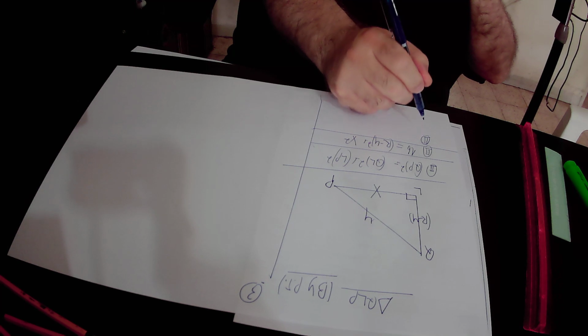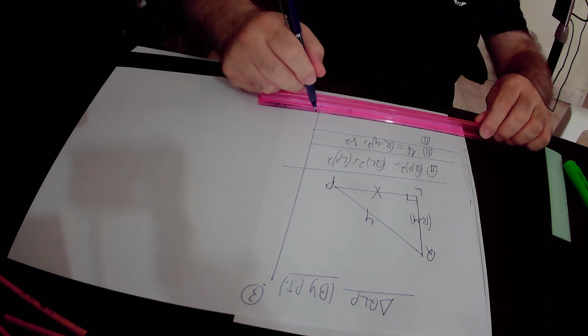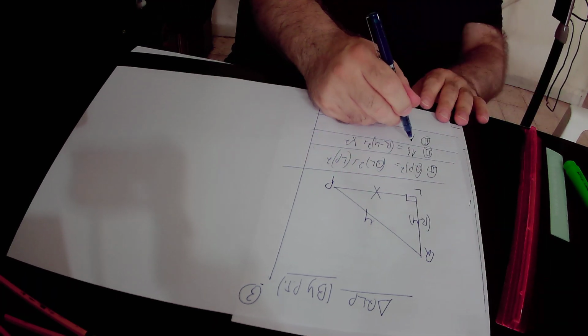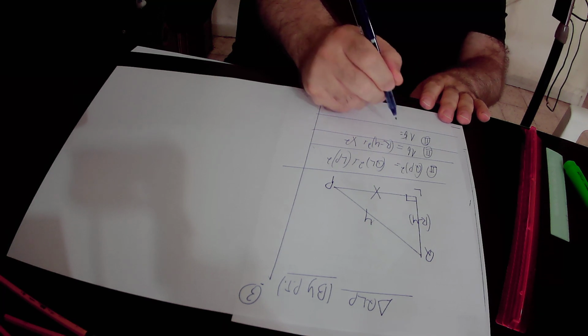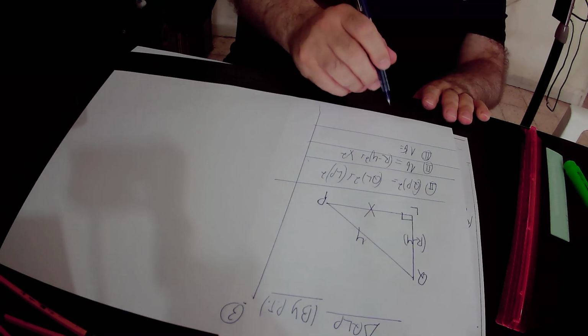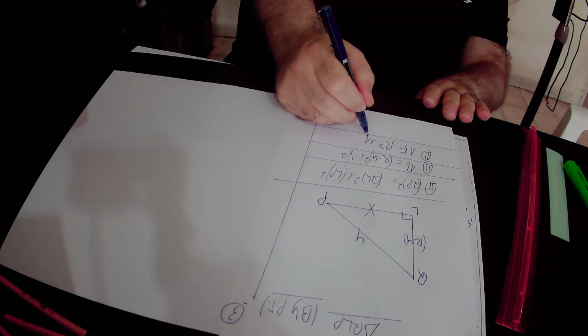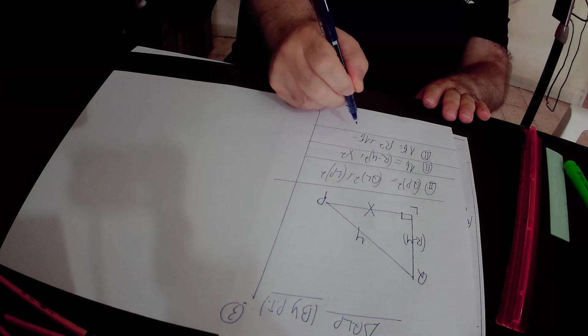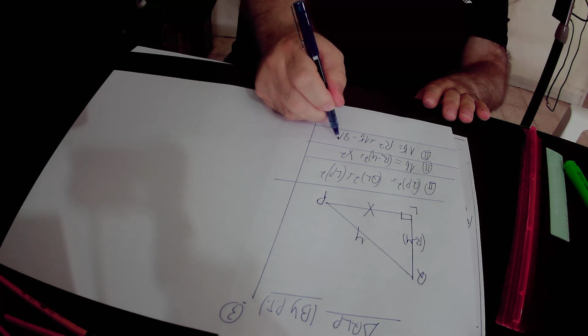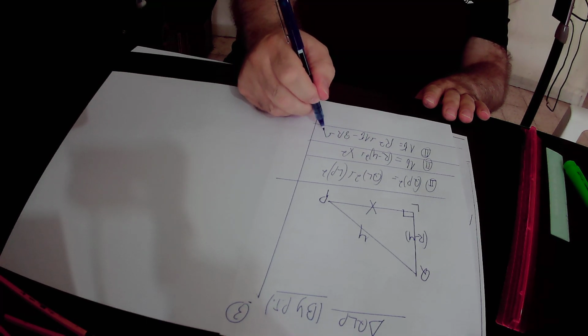According to equation number 2, 16 equals R square plus 4 squared, that is 16, minus 2 times R times 4, which is minus 8R, plus X square.